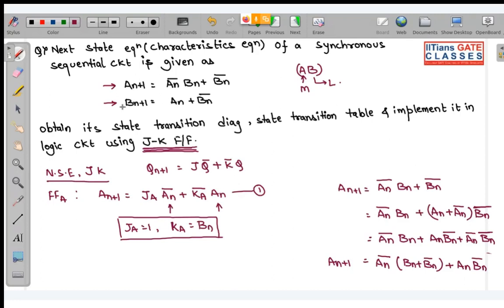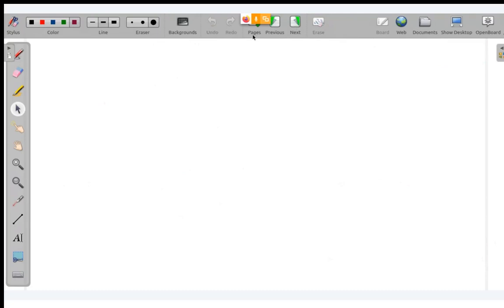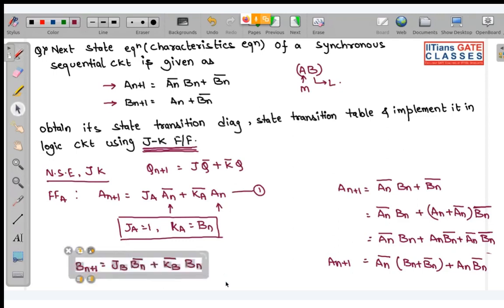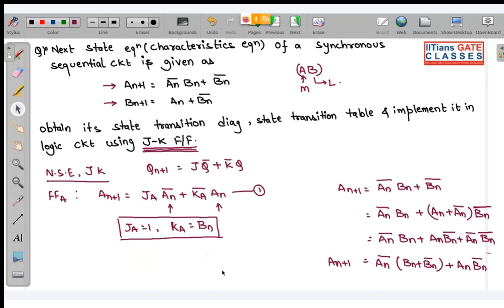Now similarly, we are going to find the input for this B flip-flop. Noted everyone?